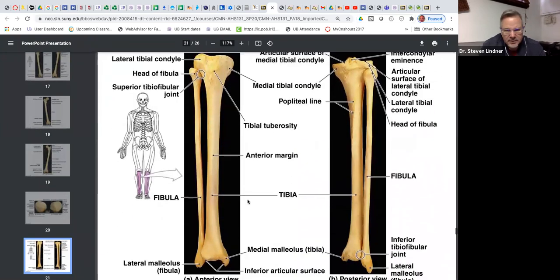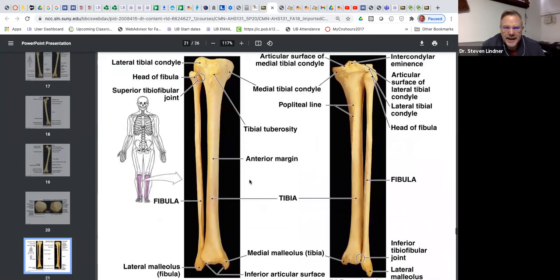When we move down and we look at the lower leg, tibia and fibula, just remember you tell a small fib. So if you're telling a small fib, the fibula is the smaller bone, the tibia is the larger bone. These two structures, this bump and this bump, are in the same horizontal plane. This is the tibial tubercle.